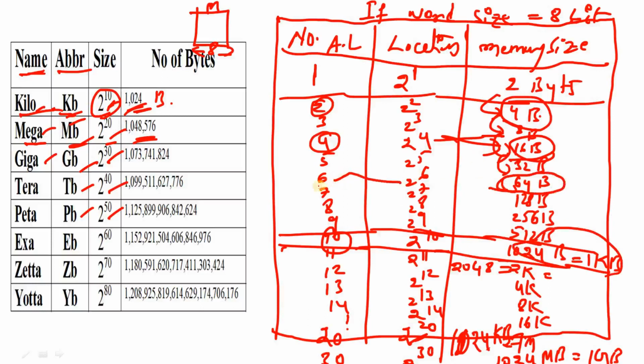That means 16 address lines are needed. Suppose you want to access 256 kilobytes of memory, how many address lines are needed? That means 18 address lines are needed. Like this, address lines are used to find out the memory size, or with the help of the memory size we identify the number of address lines. This is the way we calculate the size of memories with the help of address lines.